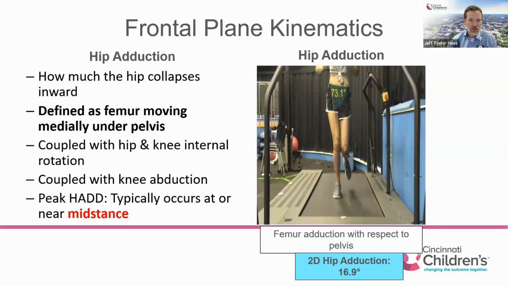And finally, as those motions are occurring, the knee will often abduct. So when we're looking at peak hip adduction, it's generally coupled with knee abduction. And just like knee abduction, the peak for hip adduction typically occurs at or near mid stance. And we'll be looking at this value further when we look at sex differences between males and females.